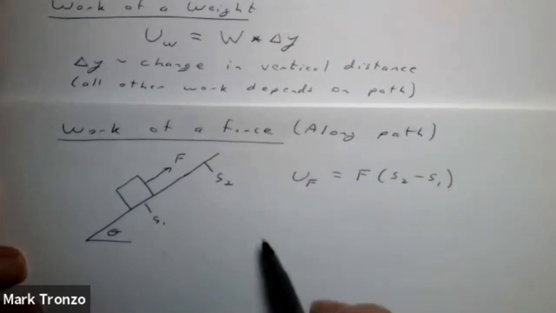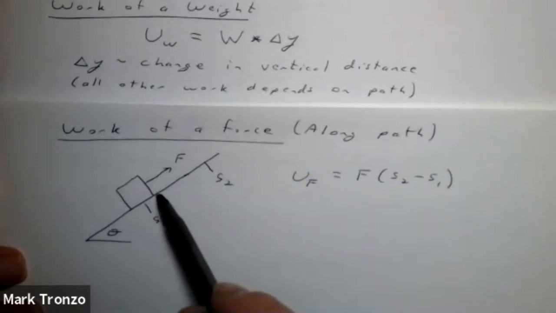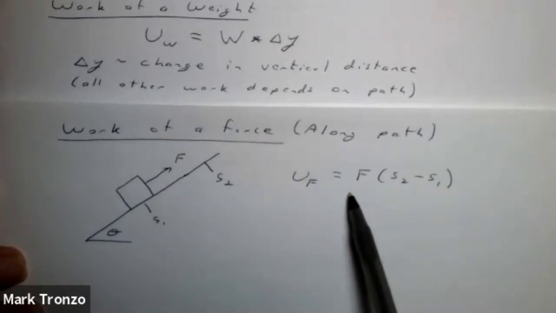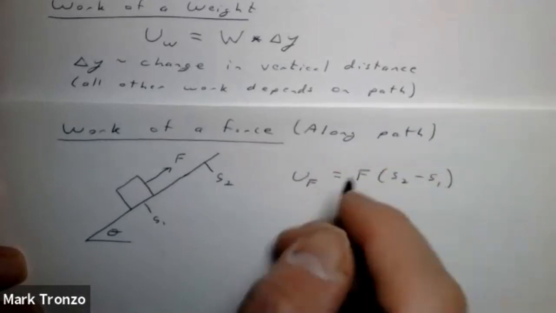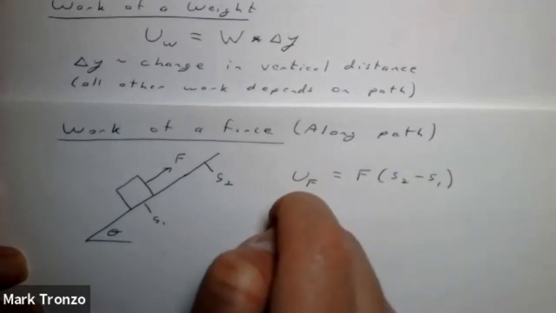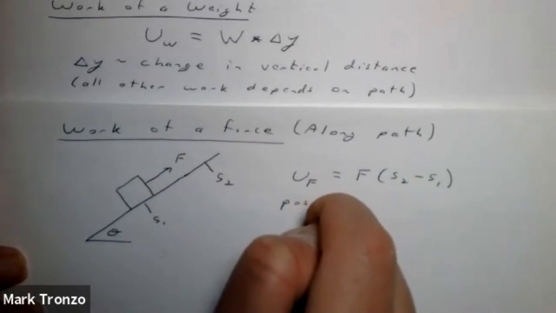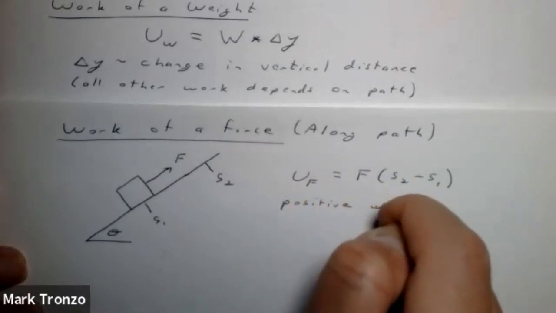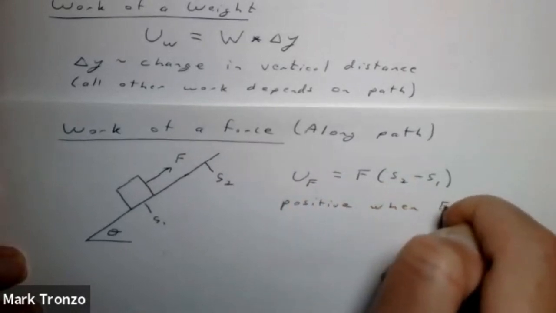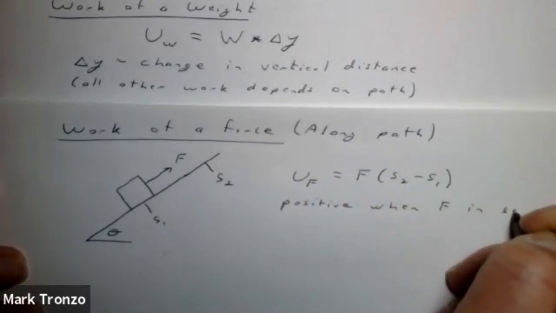And it's going to usually be positive if F is directed in the direction of motion. So let me say this. This is positive when F is in the same direction as motion.